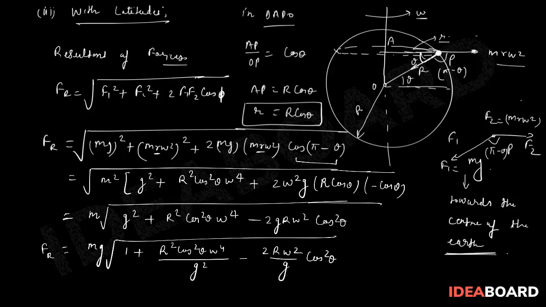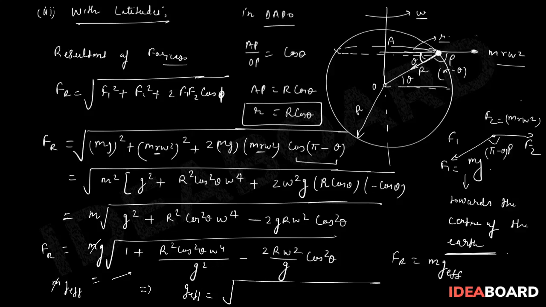Now this f resultant has to be equal to, let us say g effective is the resultant one, so I can write m g effective. So this m and m cancel out, so we obtain g effective is equal to under root 1 plus r square cos square theta upon g square into omega to the power 4 minus 2 r omega square by g into cos square theta. So this is going to be the final expression.